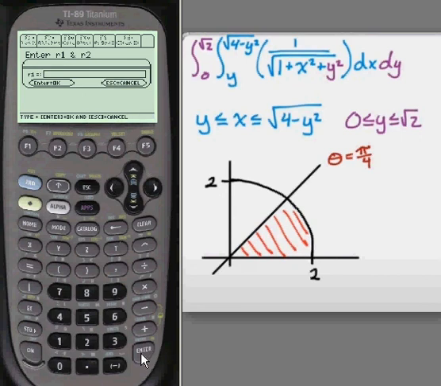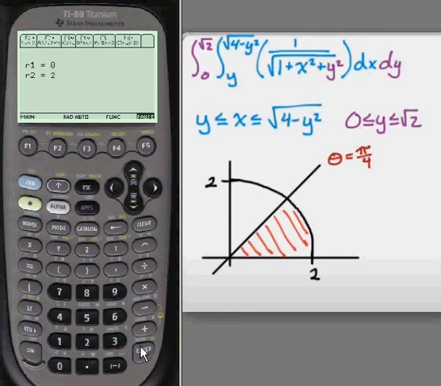And we're going to enter the radius, what's been found here. We have to press alpha first, and the radius is 0, and alpha 2.